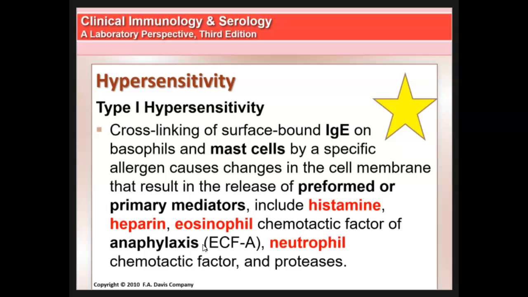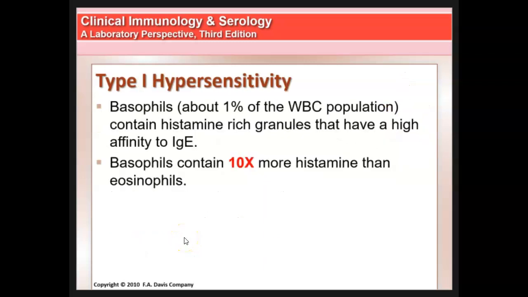Basophils are about 1% of the white blood cell population, and they have granules which contain histamine that have a very high affinity to IgE. Basophils contain 10 times more histamine than eosinophils. So why is this important? Because histamine is vasoactive and causes constriction of smooth muscle, which is found in several very important places, such as bronchioles in the lungs, blood vessels, and intestines.